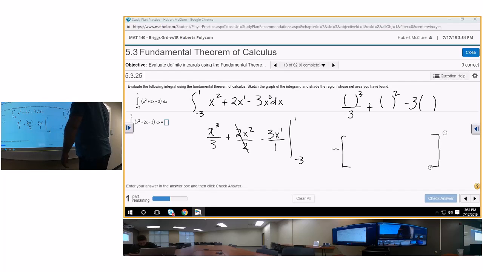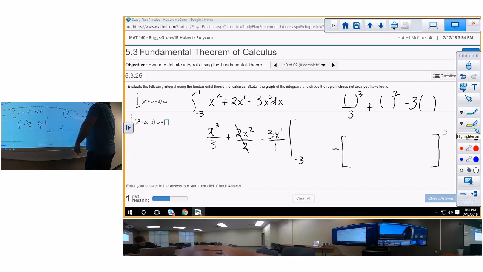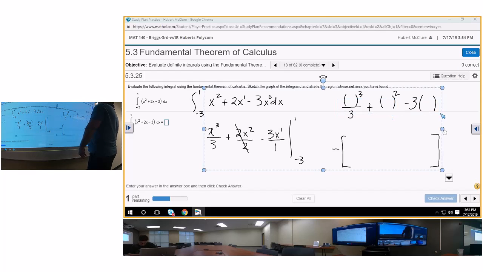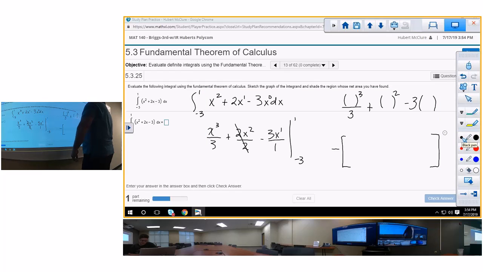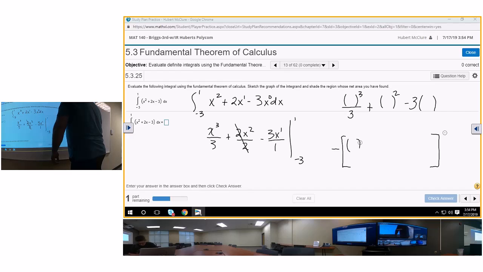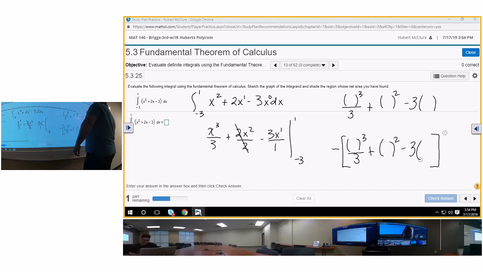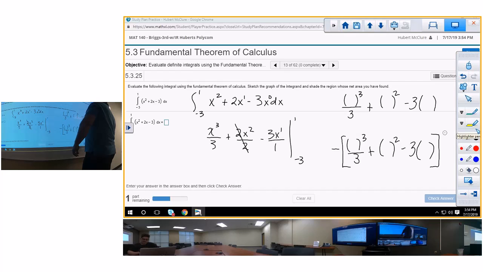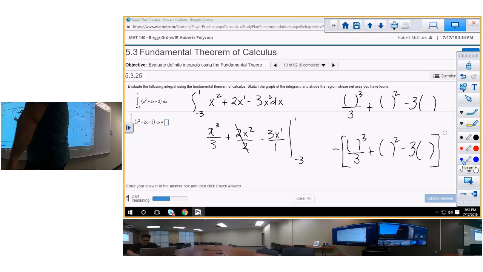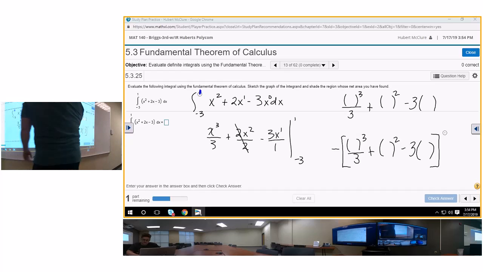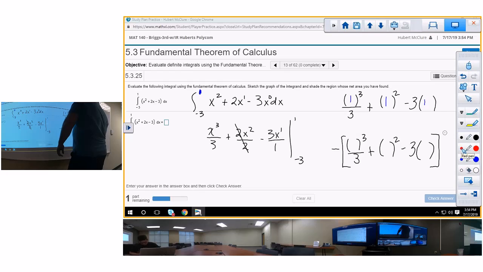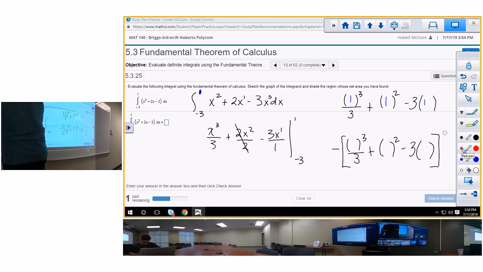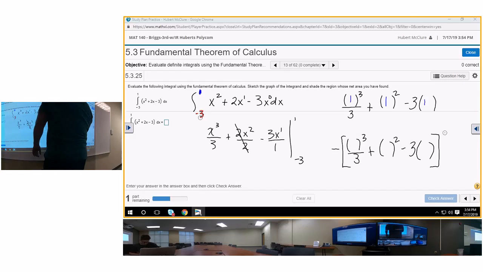I'm going to rewrite it: parentheses cubed over 3 plus parentheses squared minus 3 times parentheses. And I'm going to plug in the top one, which is a 1, right here. And I'm going to plug in a red -3 right here.